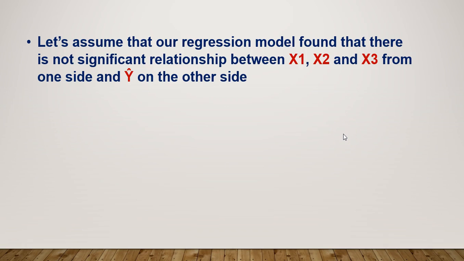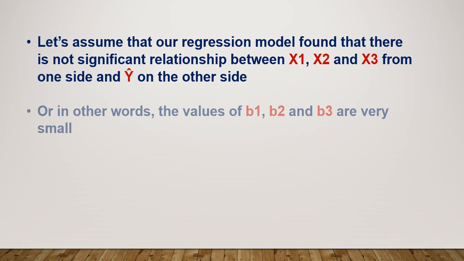And let's say that our regression model found that there is no significant relationship between X1, X2, and X3 on one side and Y hat on the other side. In other words, the values of B1, B2, and B3 are very small or close to 0. So in this case, we say that there is no significant relationship between, let's say, the price, location, and any other factor with the sales.